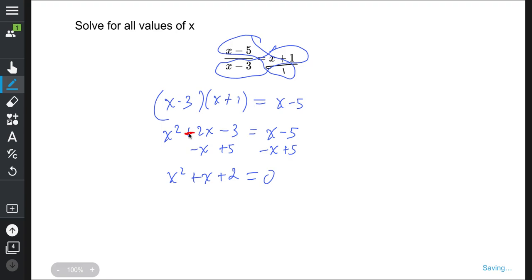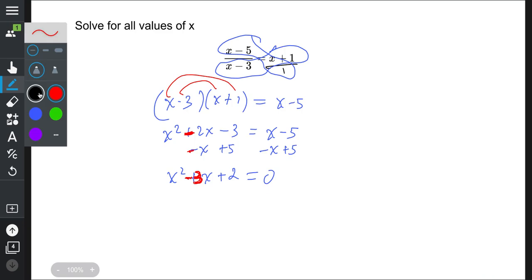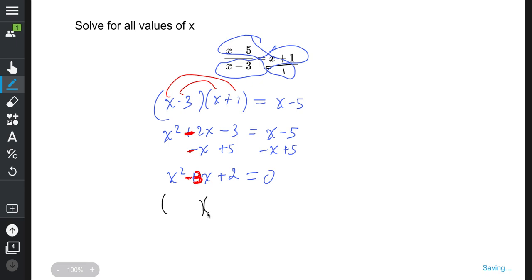This should have said minus 2x because it's negative 3 plus 1. So negative 2x minus x is negative 3x plus 2. That makes this actually factorable, because before it wouldn't have been factorable had I not caught that mistake.